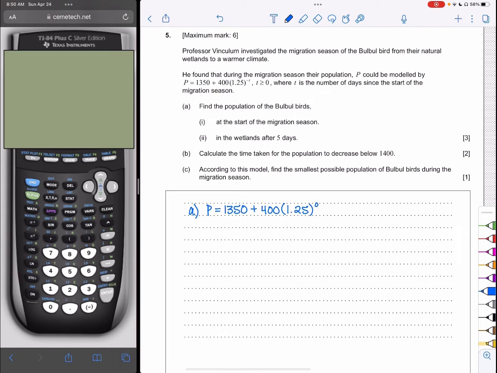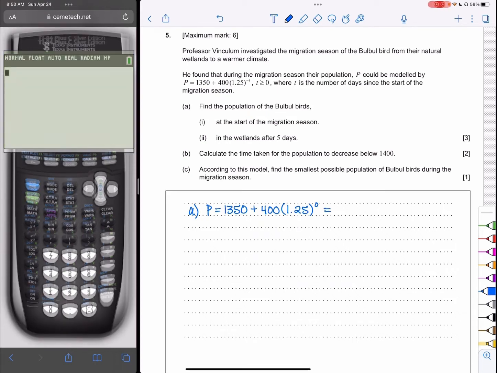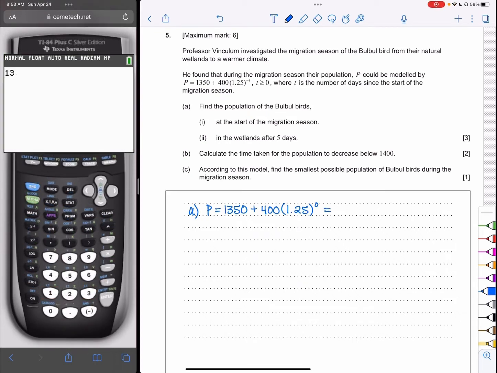That's just 0, and we know that anything to the power of 0 is 1. So this is 1350 plus 400 times 1.25 to the power of 0, and that will be 1750. All right, so that's the initial population.